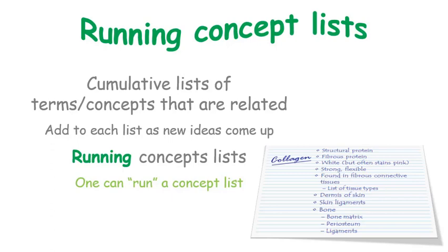It's an active process, in a sense, that you start with a blank page, you put the name of a concept at the top, you write down one or two things, but then you hold on to it and you keep in the back of your mind that you have this sodium list, for example, and you're going to run that list, meaning that every time sodium comes up, it's going to ring a little bell in your brain, saying, oh, I have a concept list there. And so you're going to go to that list and add to it. So you're running the list. And so that list then becomes a running list. So we can use running in the sense of an adjective to describe, well, what kind of list is it? Well, it's a list that's not complete yet.